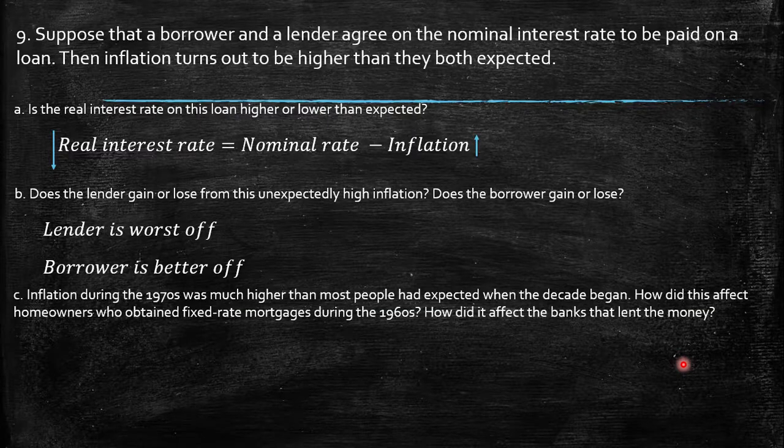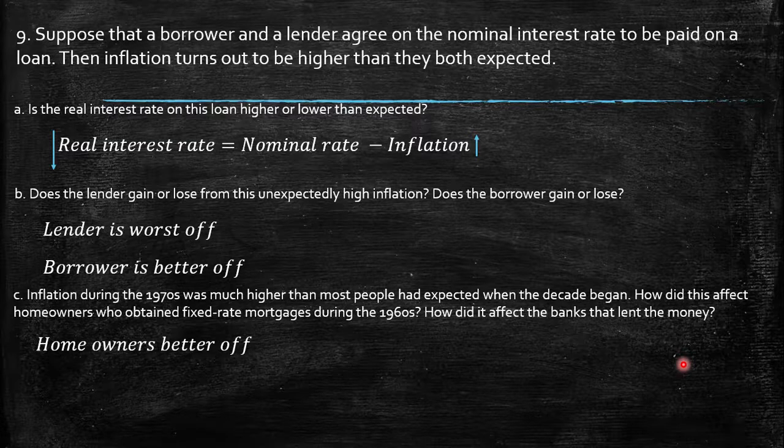See, inflation during the 1970s was much higher than most people had expected when the decade began. How did this affect homeowners who obtained fixed rate mortgages during the 1960s? How did it affect the banks that lent the money?